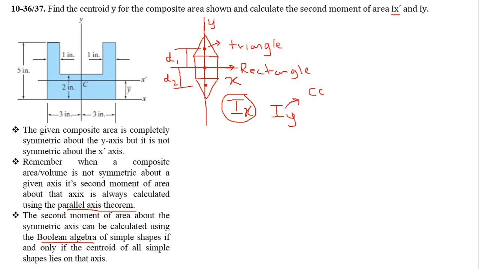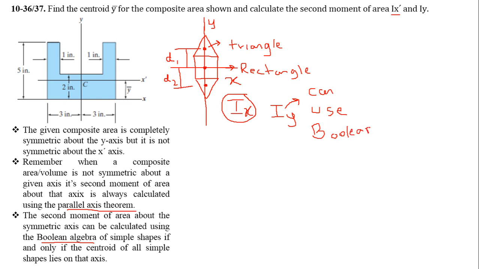This is because you see that the centroid of all the constituent simple shapes that make up this cross section all lie on one single axis, that is the y-axis. So the moment arms d1 and d2 disappear. So you can use Boolean algebra for Iy, but not for Ix.